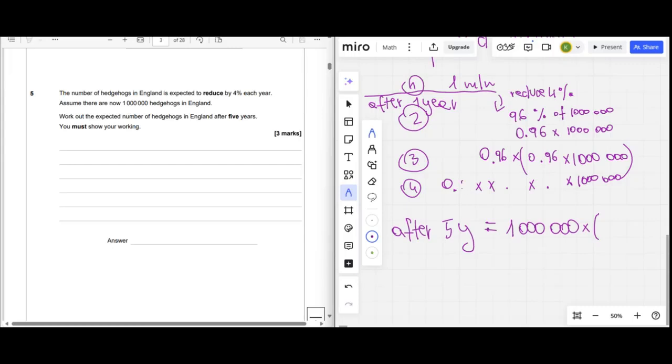Więc za każdym rokiem będziemy times 0,96. I to będzie to the power of the number of years 5. I to wpisujemy w kalkulator.